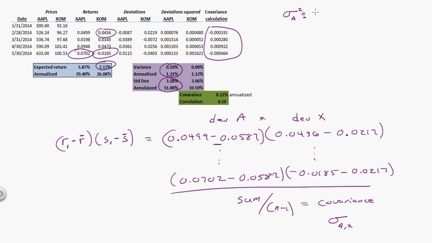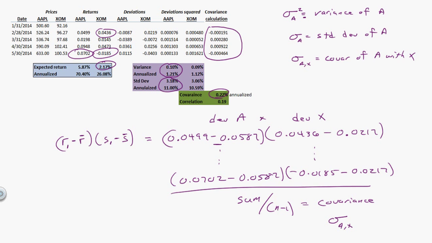Sigma squared subscript A is the variance of A. Sigma subscript A is the standard deviation of A, and sigma A comma X is the covariance of A with X. Alright, so now that we have that terminology down, I can find the covariance. I've already found it, it's right here.